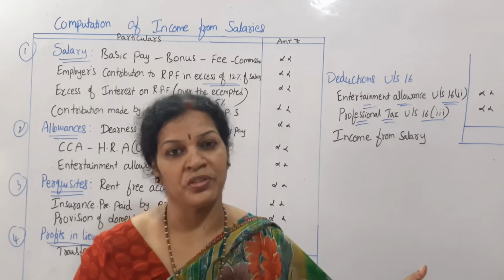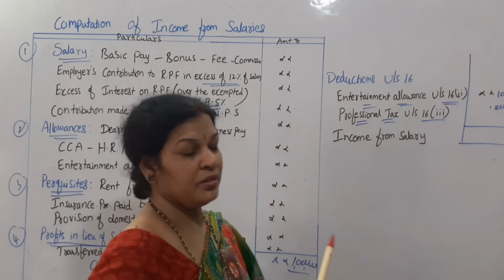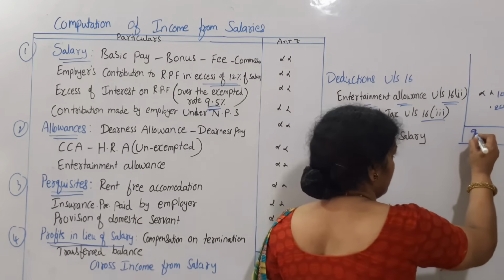Suppose this is 1 lakh, and here entertainment allowance is, say, 1000 rupees, and this is 2000. Then 1 lakh minus 3000 means 97,000. So 97,000 is the income from salary.